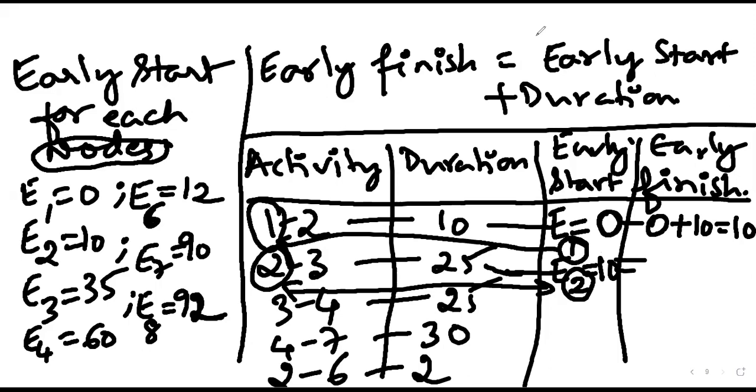If anyone is not understanding any of the concept, you are supposed to ask. I can explain this once again in case anyone has not understood. Sir, I didn't understand how E2 is 10, sir. See here, the starting point of the 2-3 activity. I will just go to the next screen. See, the 2-3 activity means what?